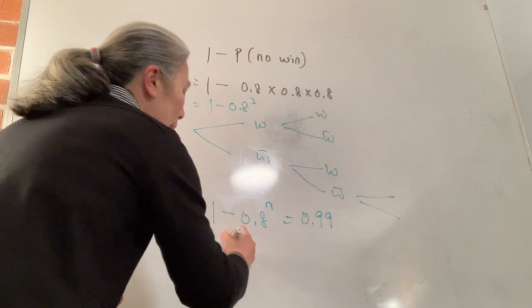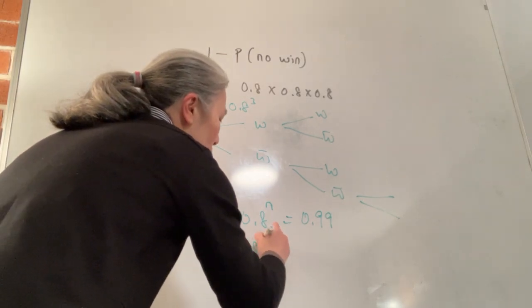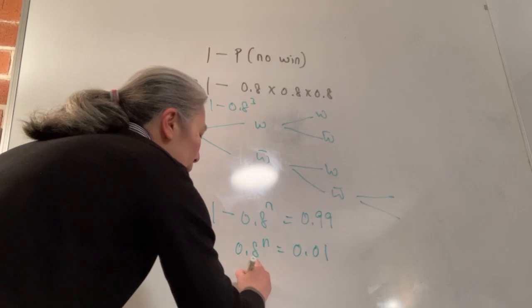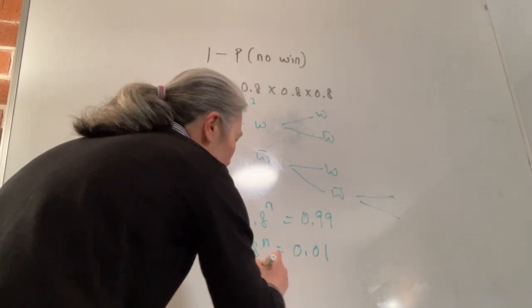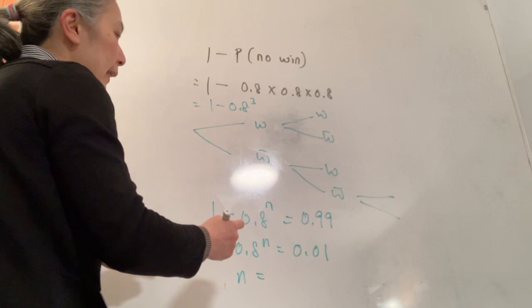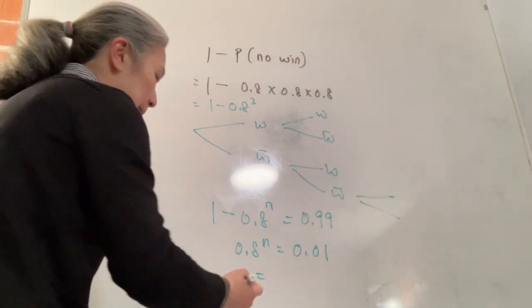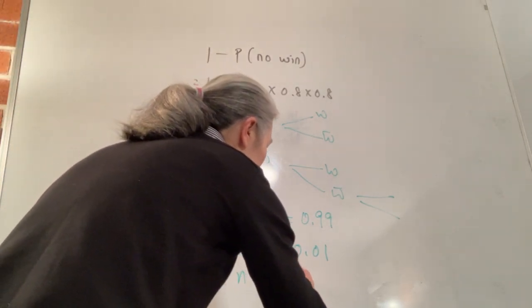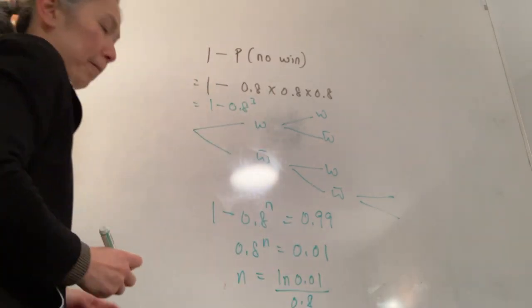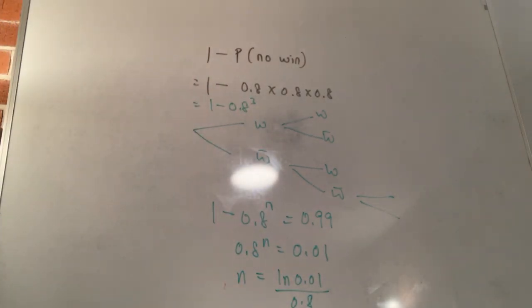And then do I log? So you have 0.8 to the power n equal to 0.01, so n equals... you cancel it out because it's on that side. Then you log both sides.